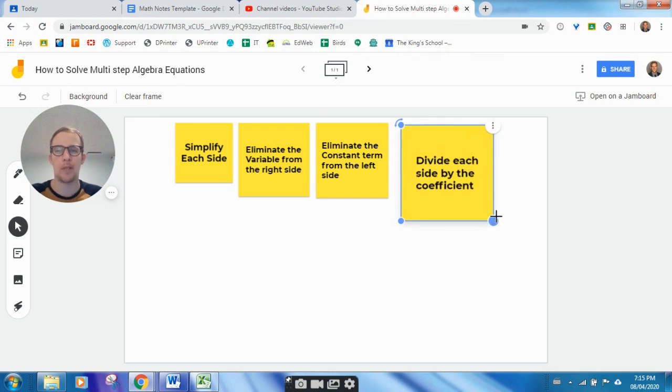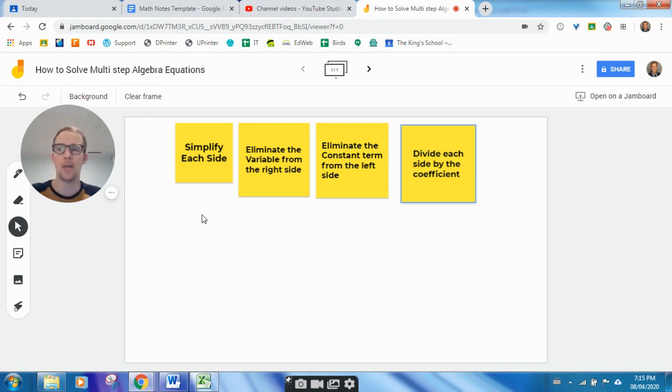And the last step is to divide each side by the coefficient. This should sound pretty familiar, because this is the same stuff that we've been going through with one-step and two-step algebra: dividing by constants, dividing by coefficients, or multiplying if it's a fraction, or adding and subtracting in order to isolate the variable.